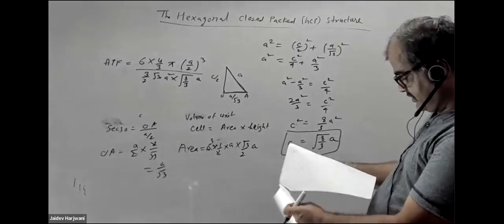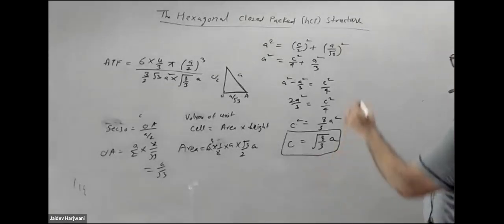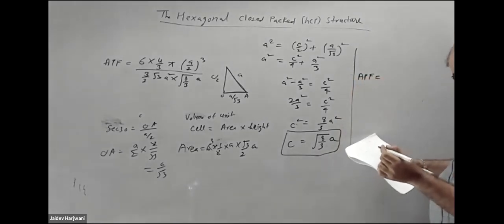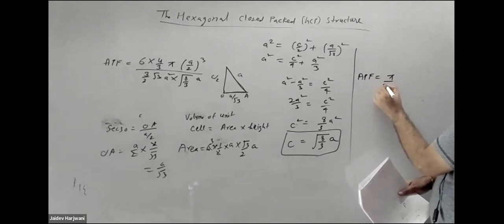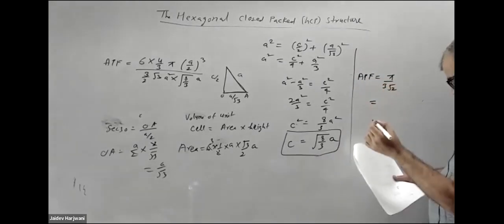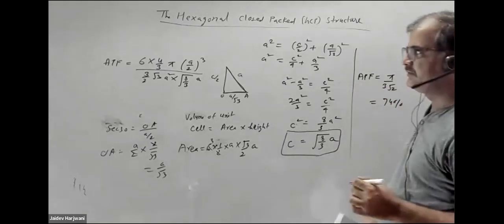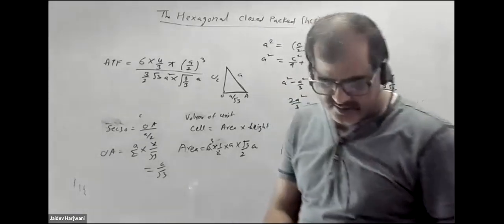This should give the atomic packing fraction equal to pi by 3 root 2, which is 74%, equivalent to the atomic packing fraction of FCC.